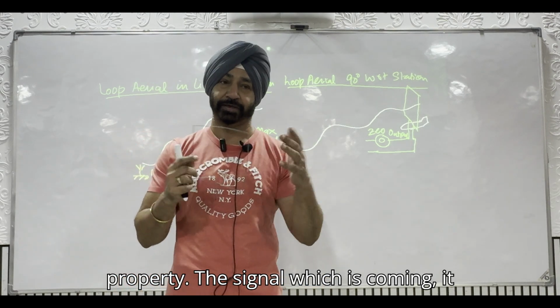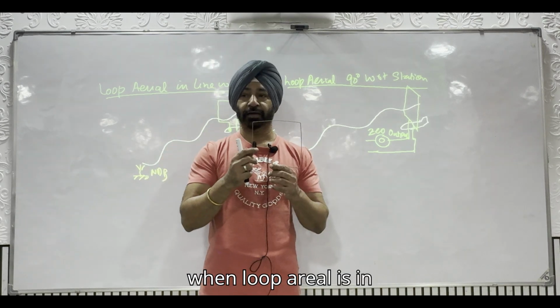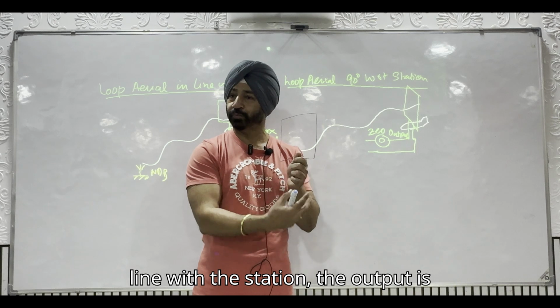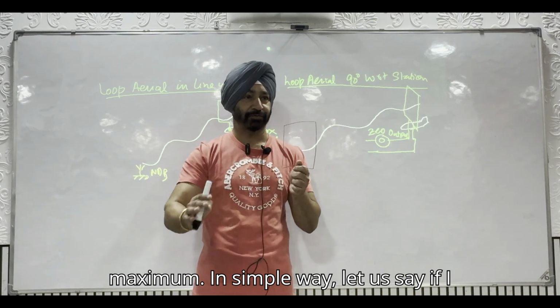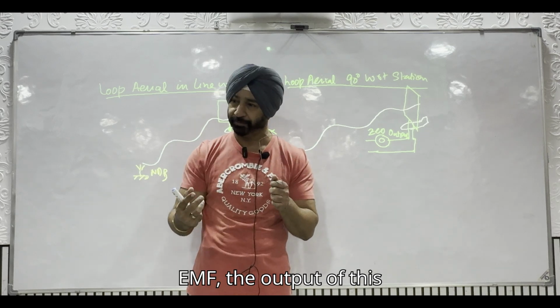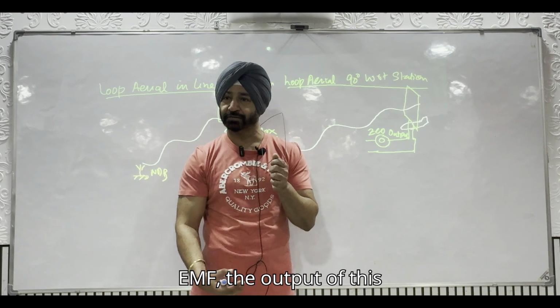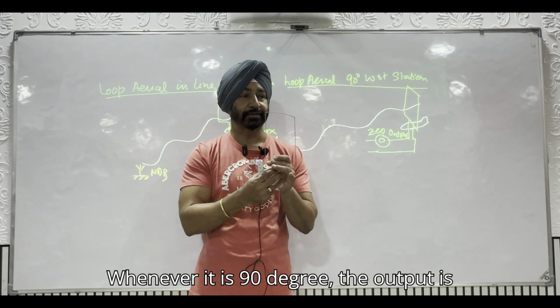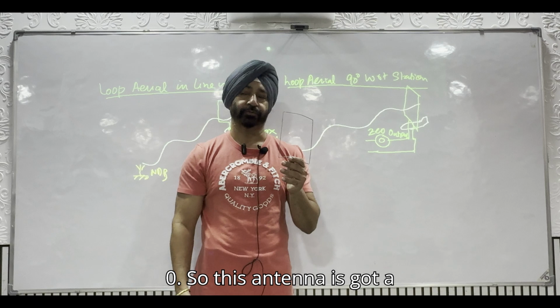The signal which is coming, it is a sine wave. So when the loop aerial is in line with the station, the output is maximum. In a simple way, if I don't want to go into too much physics or potential difference or EMF, the output of whatever this is capturing is maximum. Whenever it is 90 degrees, the output is 0.